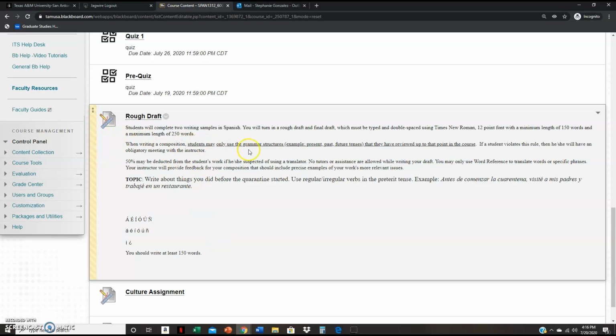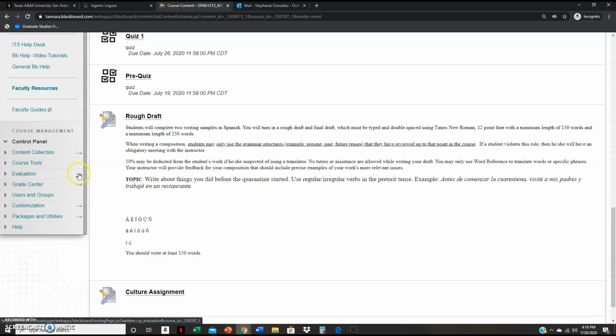When you write this composition, you can only use grammar structures that we have seen so far in the class. 50% may be deducted if you're suspected of using a translator. You cannot have any tutors or assistants while writing your draft, but you may use WordReference, as I said before.